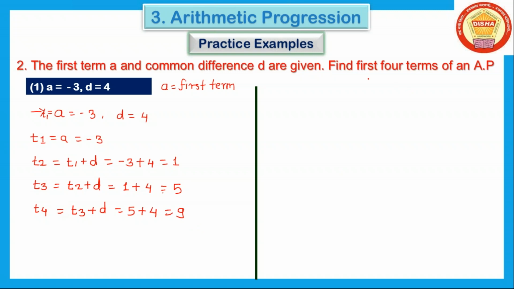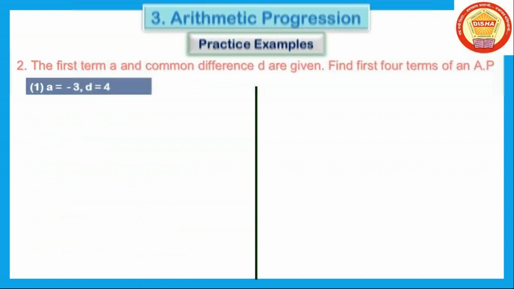We have to find the first 4 terms. First term -3, second term 1, third term 5 and fourth term 9. Okay. Means which AP is formed here? Therefore, the given arithmetic progression is: the first term, sorry, -3, 1, 5, 9, and so on.